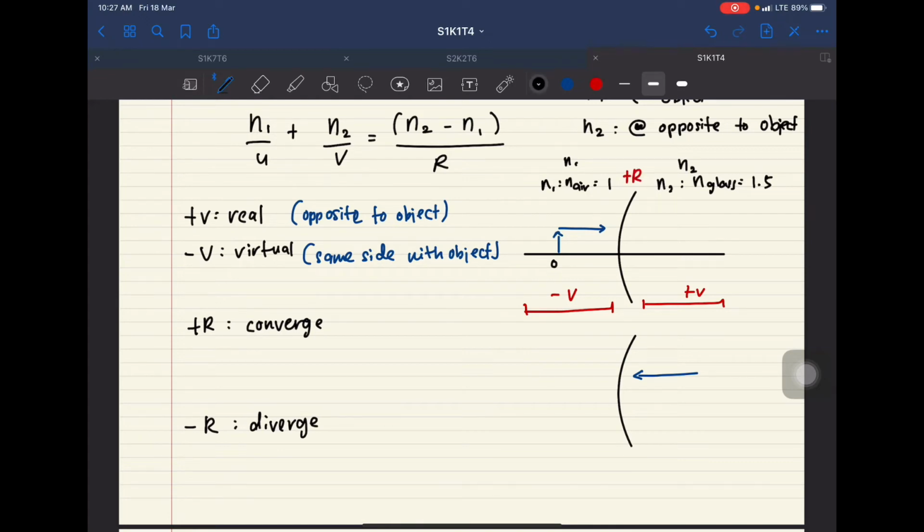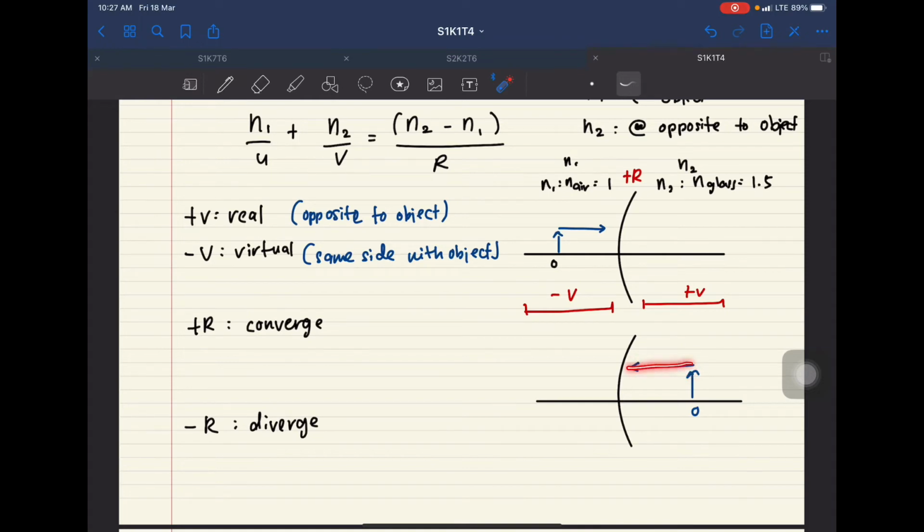Okay. On the other hand, if I have a surface like that. So let's say my object is over here. So this is my object. So a ray diagram or your ray should move from the object.